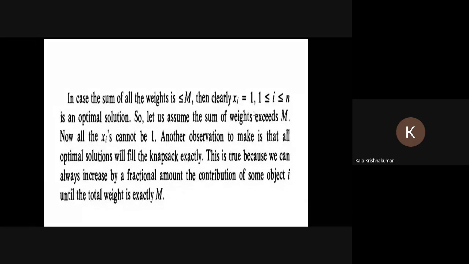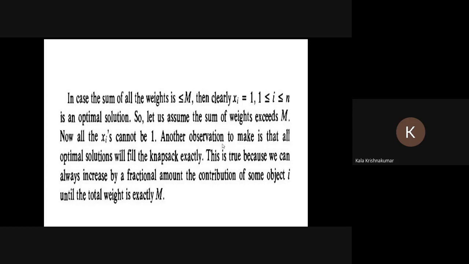In that case, you can clearly say that xi, that fraction, is 1 for all i, 1 less than or equal to i less than or equal to n, and that is an optimal solution, because your total weight is always less than or equal to m. Now let us assume the sum of weights exceeds m. In that case, not all the xi's can be 1, because all these objects should not be taken.